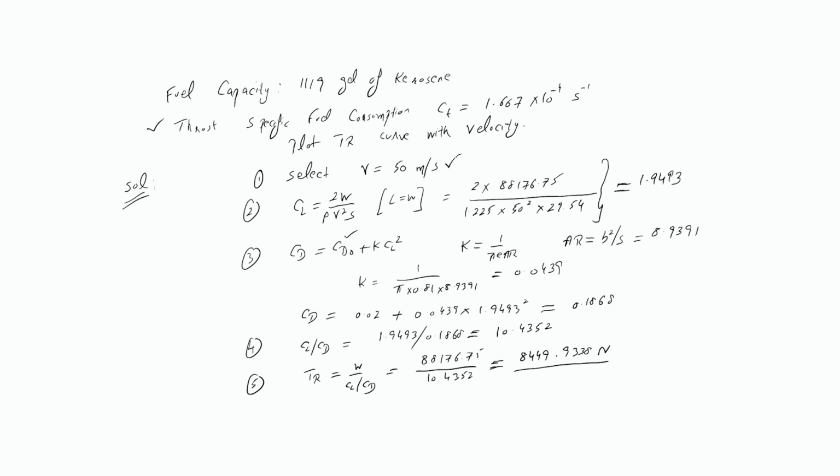Alright, so this we got for one velocity, right? For one velocity V, we have CL, CD, CL by CD, and then thrust required. So we did this for 50 meters per second.